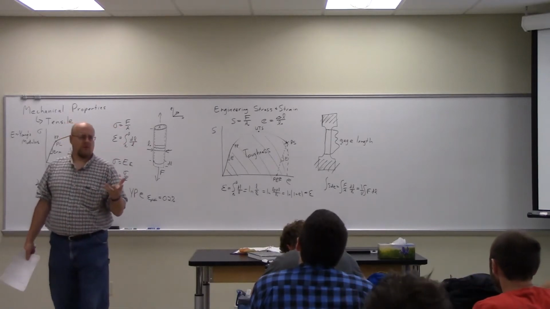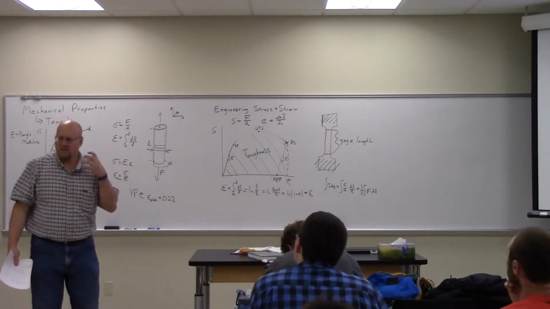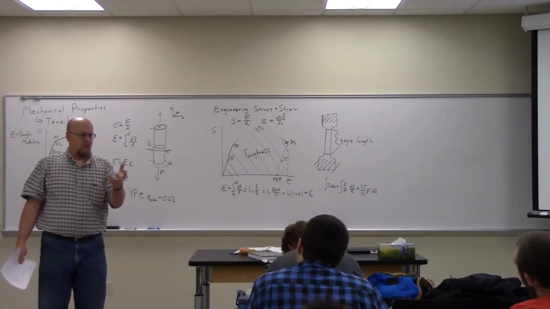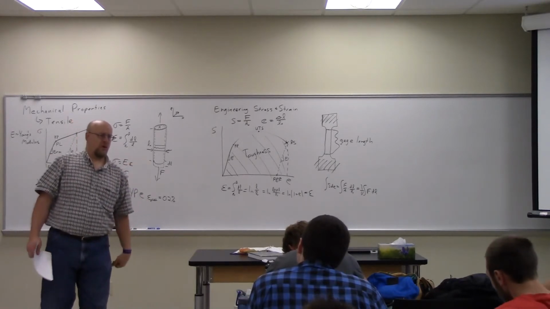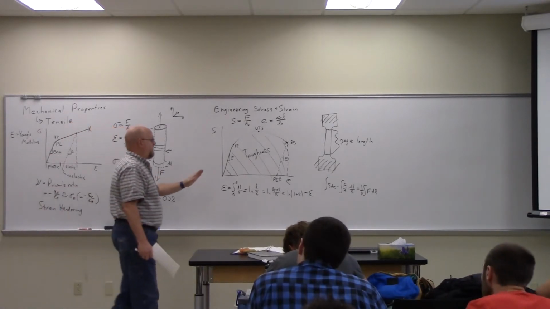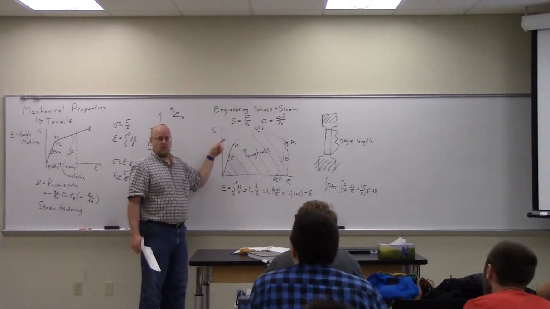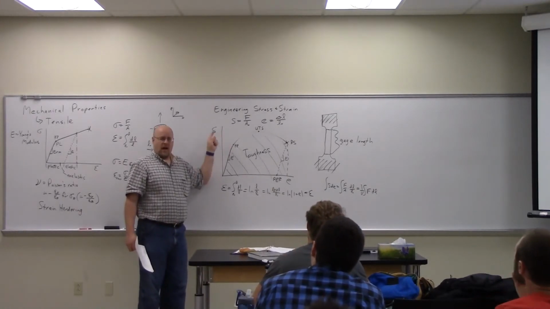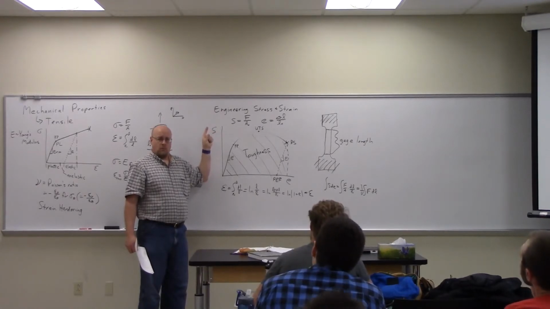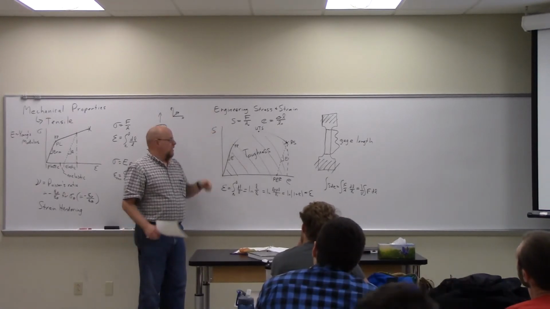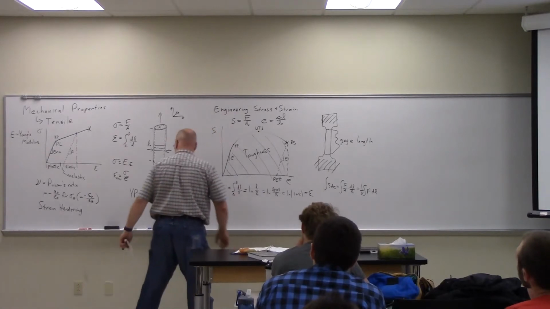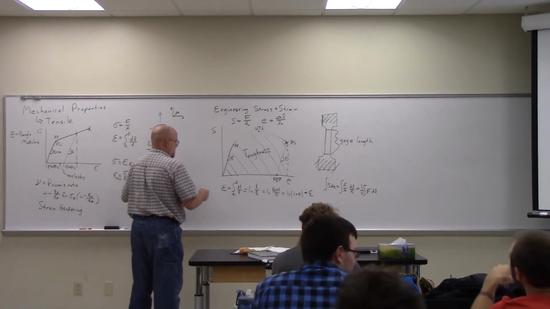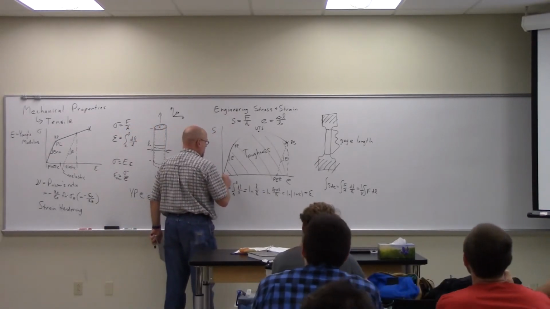For kind of obvious reasons, right? If something's tough, it can take a lot of energy. You know, it can absorb a lot of energy. Glass has a very high yield point. It is very difficult to get glass to yield. But glass on this curve, right, has a very high modulus of elasticity too.